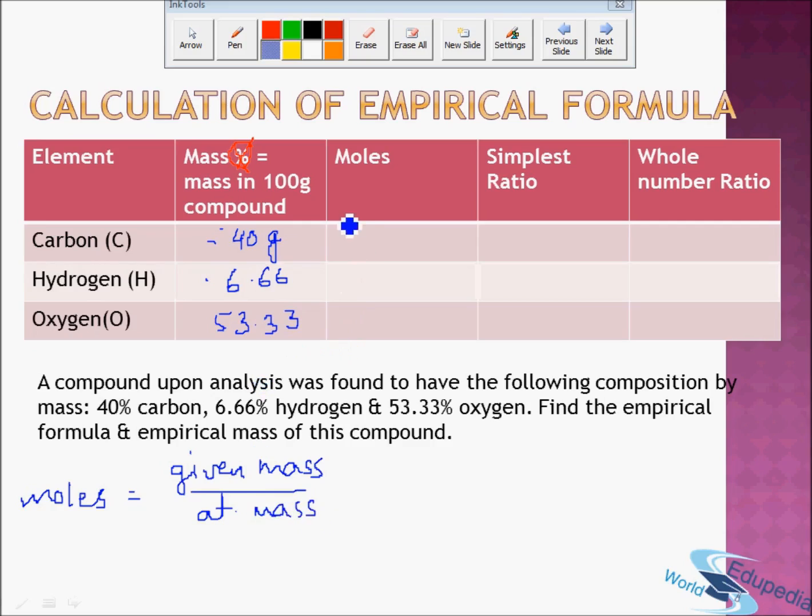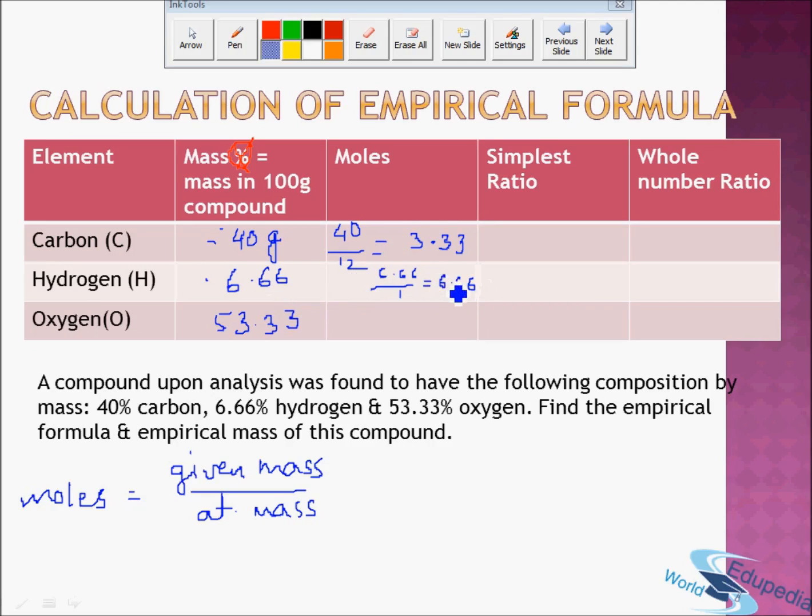So for carbon, it will be 40 divided by 12. Atomic mass of carbon is 12. So if I divide the given mass by atomic mass, what do I get? If you calculate this, you will find it is around 3.33. Similarly for hydrogen, what do I have to do? 6.66 divided by 1 is equal to 6.66 moles.